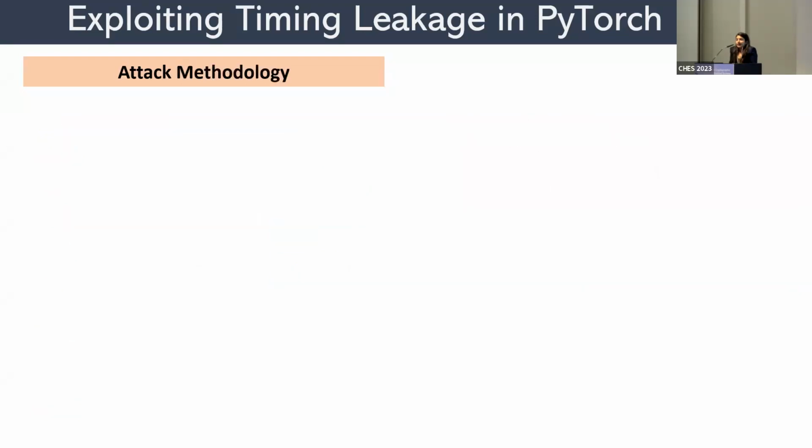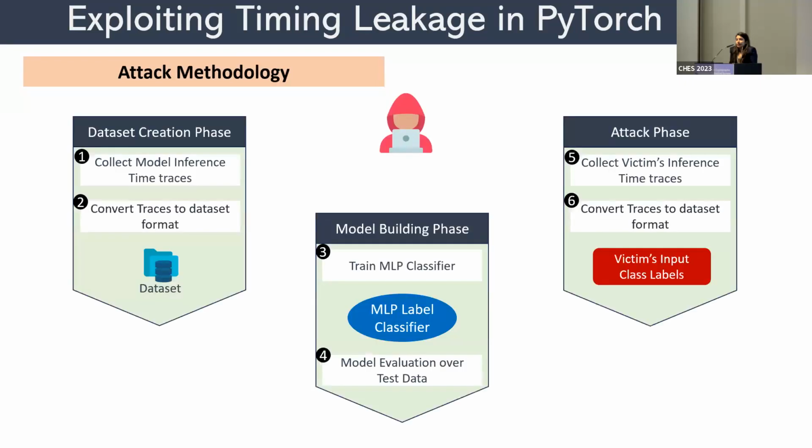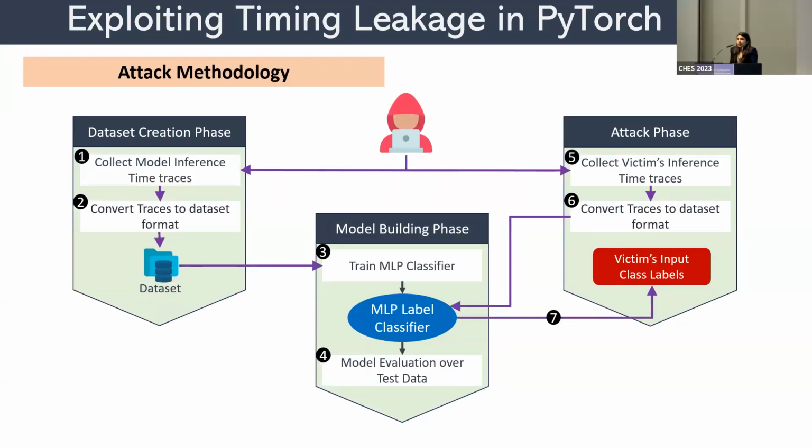Now discussing the attack methodology. It's divided into 3 phases: the dataset creation phase, the model building phase, and the attack phase. In the dataset creation phase, the adversary collects model inference time traces for input data which it already has, that is the manifest dataset. The manifest dataset is of similar distribution as the training dataset, but it's not the same data.